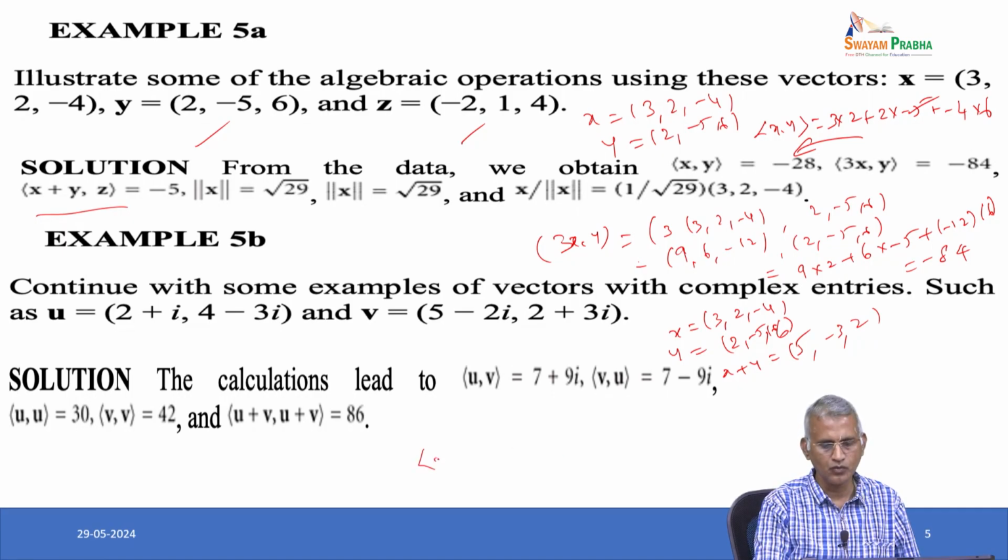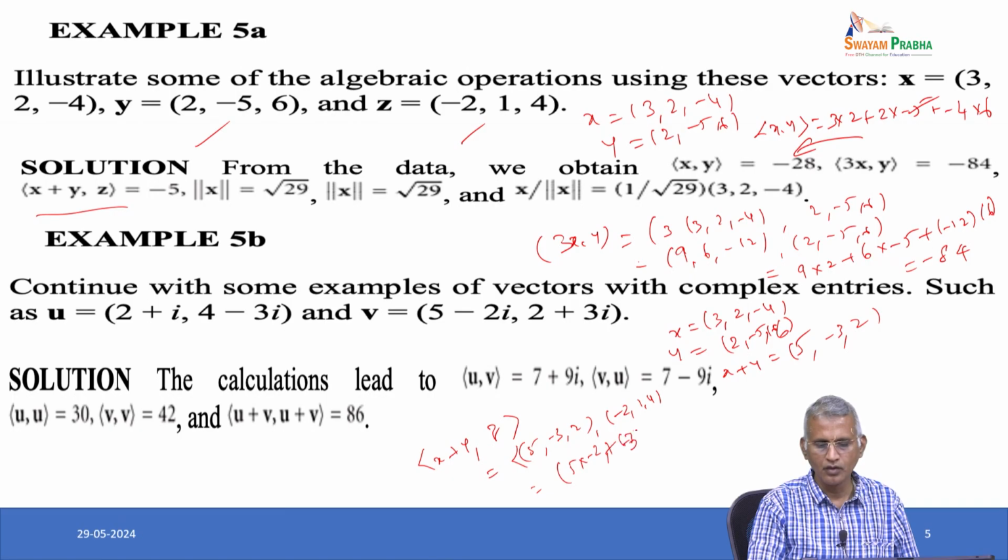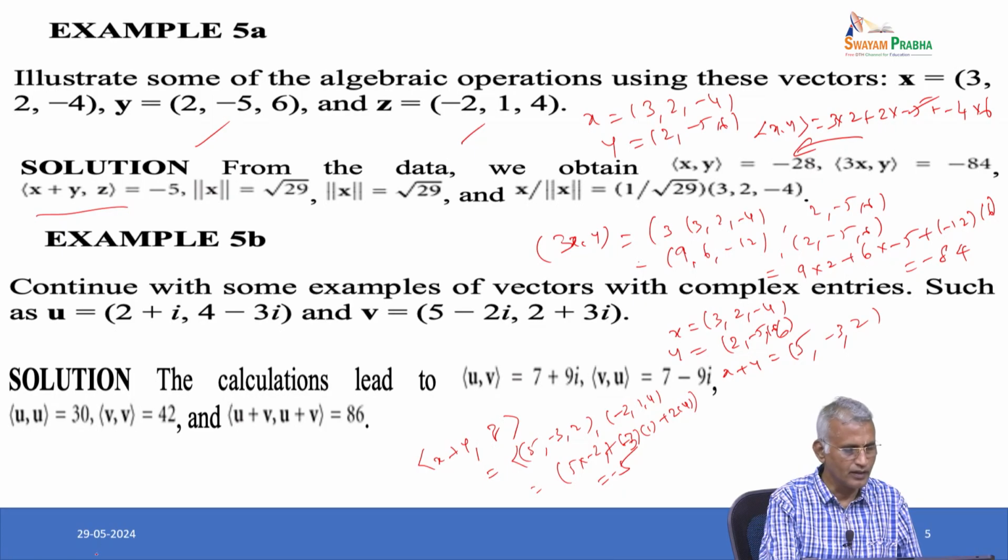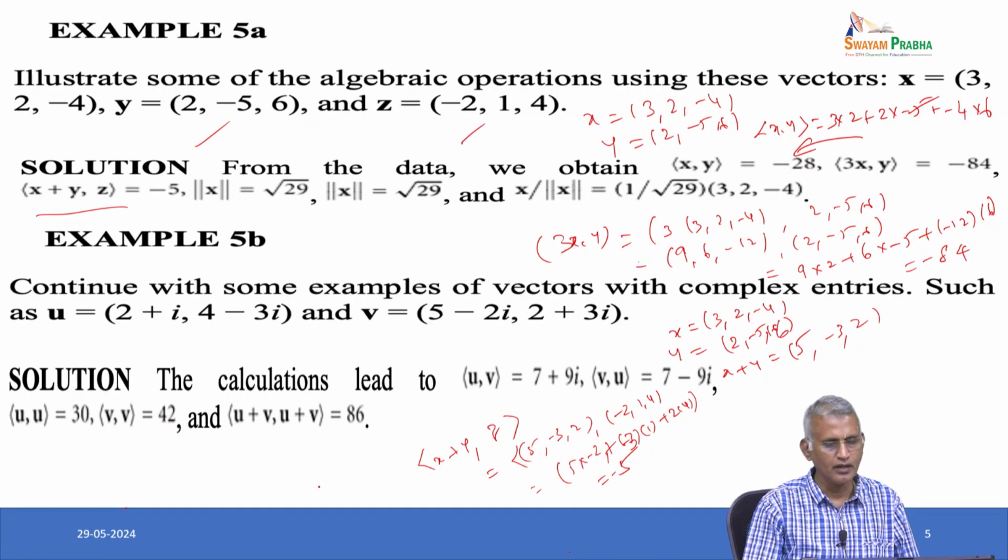Now x plus y comma z, with z equal to minus 2, 1, 4, is 5 into minus 2 plus minus 3 into 1 plus 2 into 4. So we have the net result of minus 5. This way we can calculate the inner product of x plus y comma z.